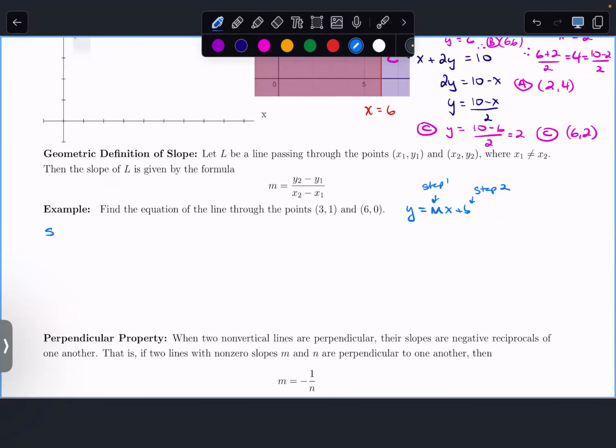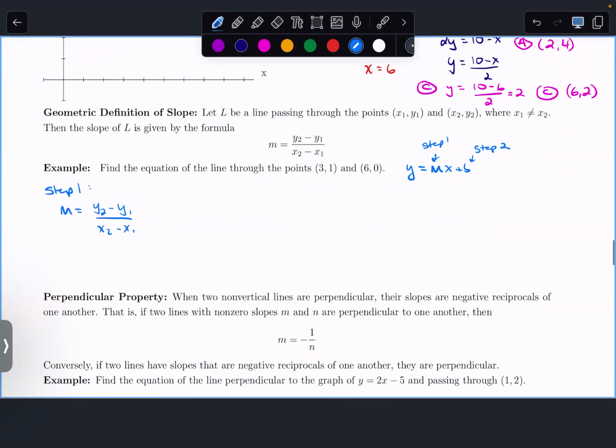Nothing to it but to do it. Here we go. Step 1, the slope is y2 minus y1 over x2 minus x1. Rise over run, if you prefer. I don't prefer, because then I'd have to plot these, and I don't like that. But if you prefer, it's allowed.